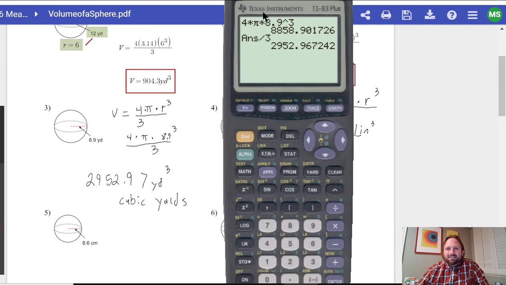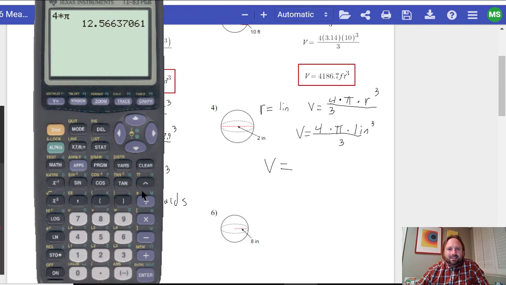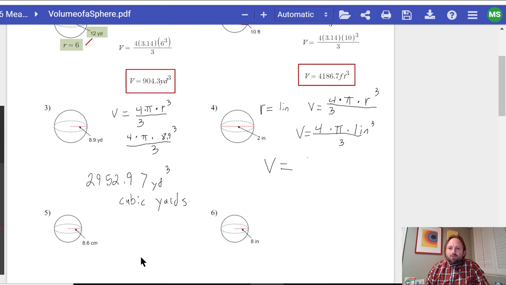My calculator. I'm going to go 4 times pi, enter, and divide by 3. I get 4.19 inches cubed.